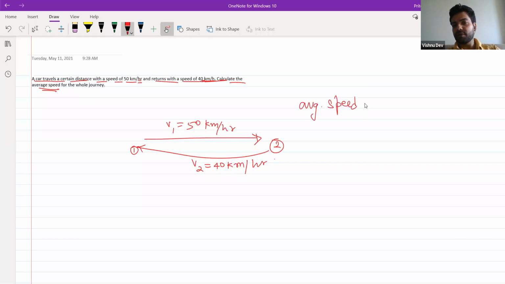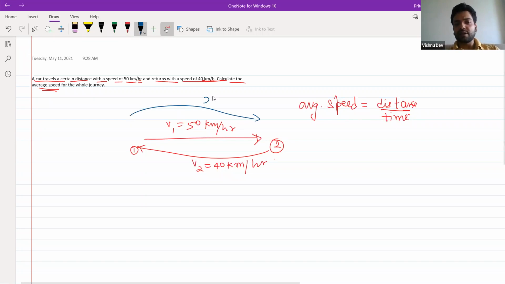So what formula do we use to find average speed? Total distance by total time. Remember, total distance by total time. So what we did, we just took the one-way distance as x. So total distance will be 2x, and for total time, we have this as the distance, this as the speed.